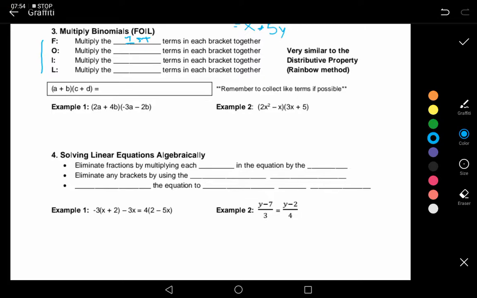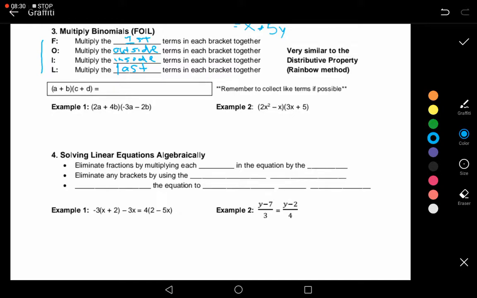Okay, the O, now we're going to multiply the outside terms in each bracket together. I stands for inside, so we're going to multiply the inside terms. My apologies for this messy writing in here. And lastly, we're going to multiply the last terms in each bracket together. Okay, so this is very similar to that distributive property.